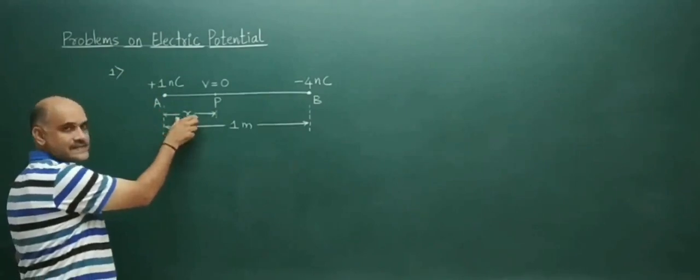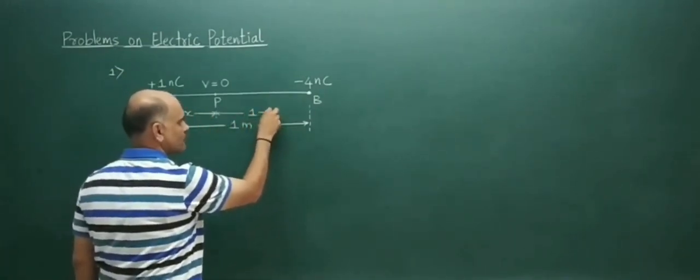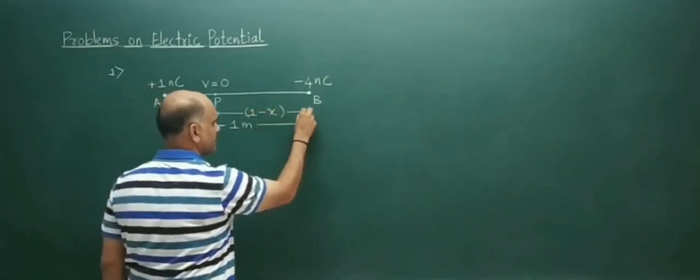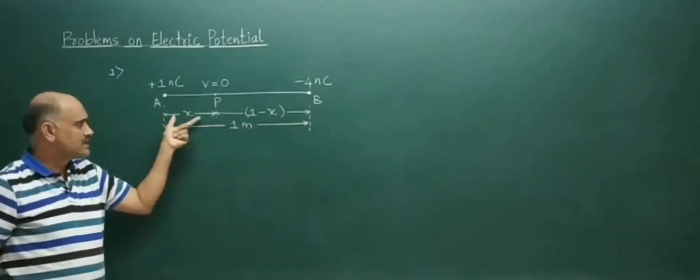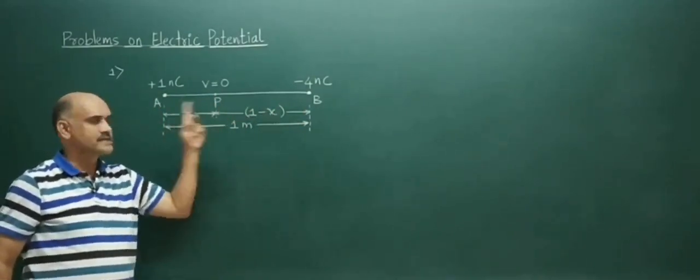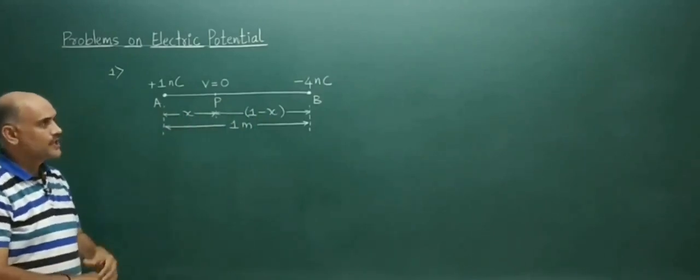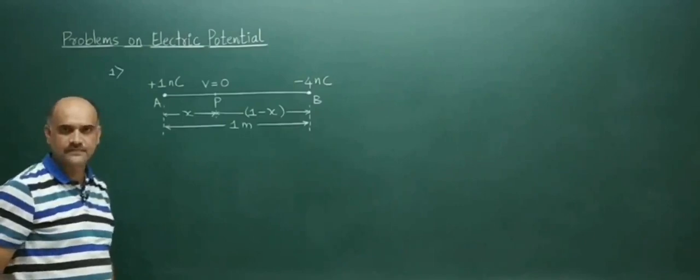If I take this distance as x, then the remaining distance will be 1 minus x, because total is 1 meter. So you are required to find the position, that is, you are required to find x.